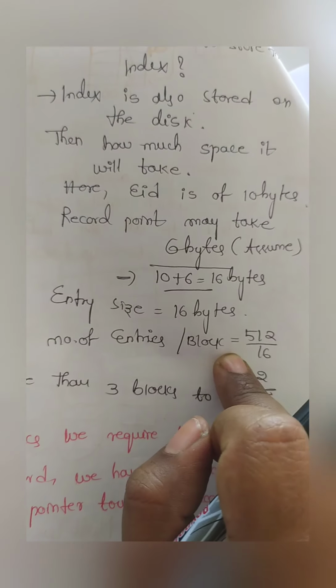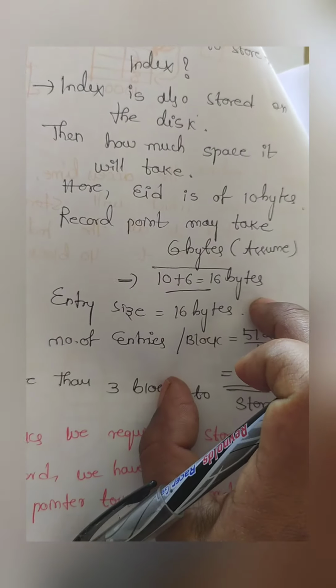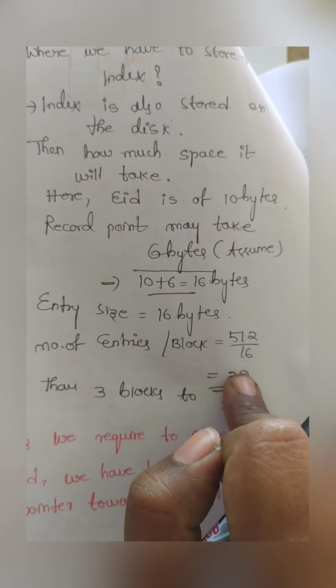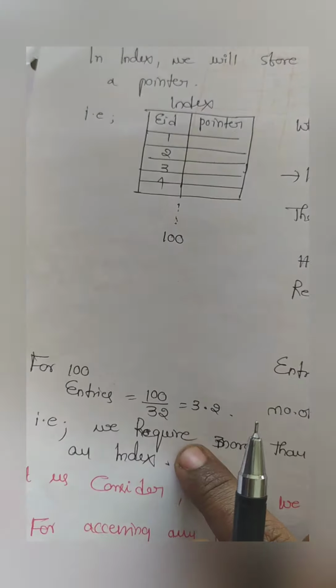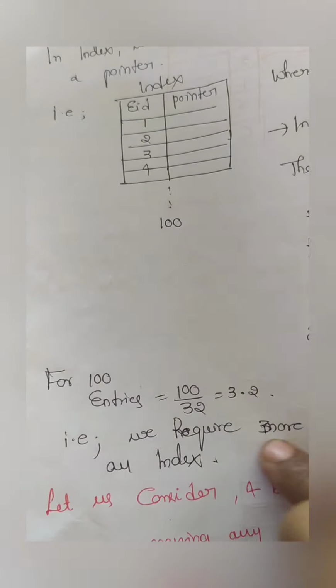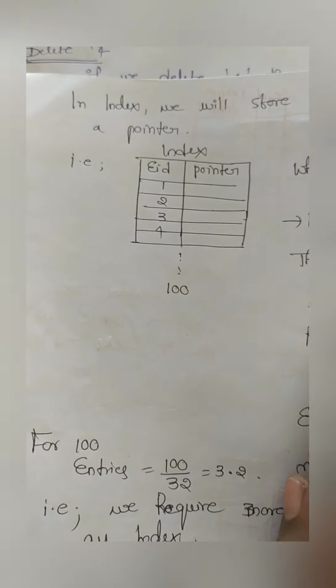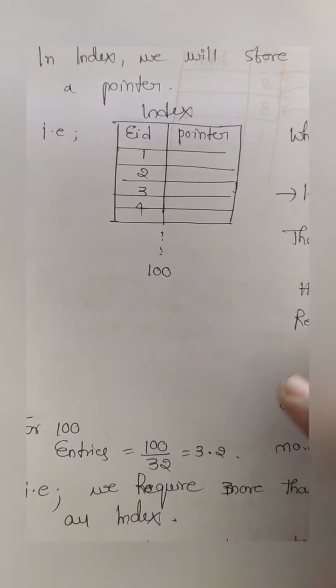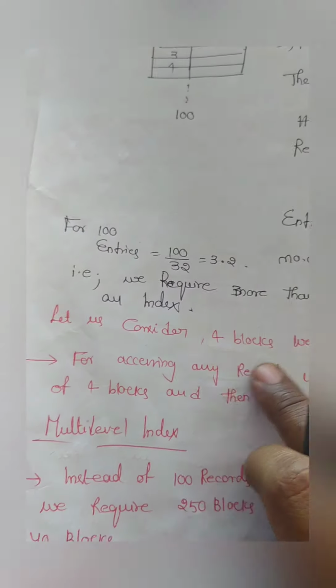Number of entries per block is 32. So for 100 entries, we require more than 3 blocks for indexing, roughly 4 blocks in addition to the 25 data blocks, that is 4 blocks and 29 blocks. Let us consider that 4 blocks are required to store the index.